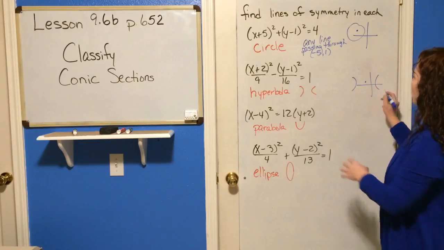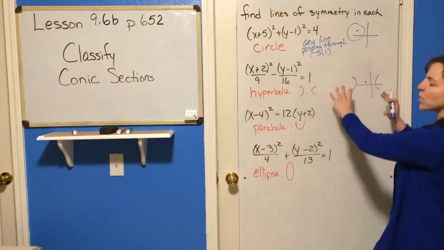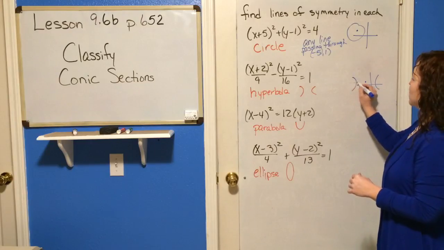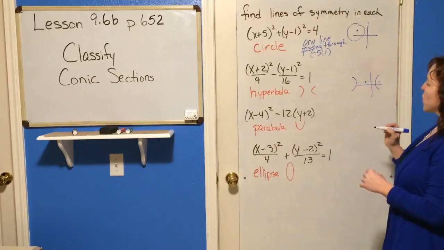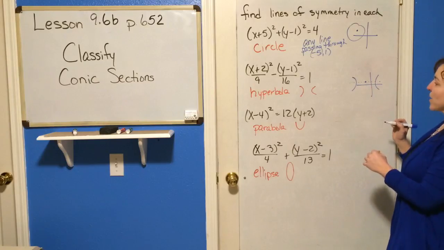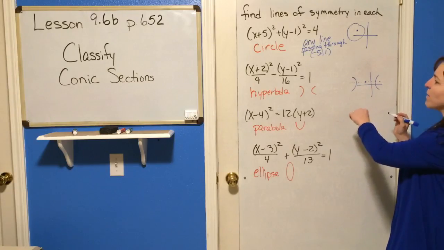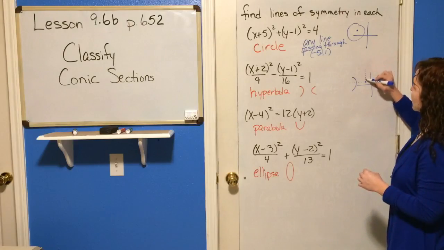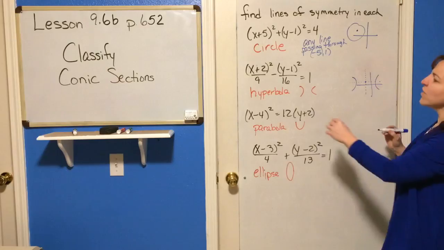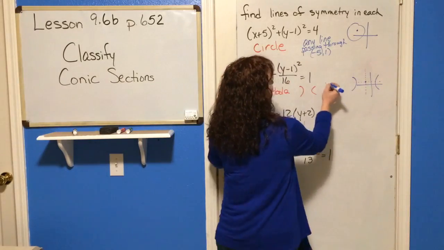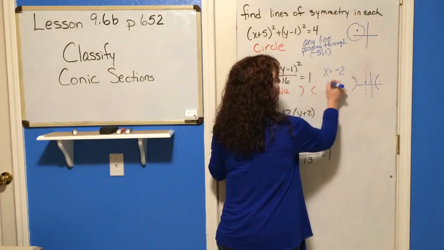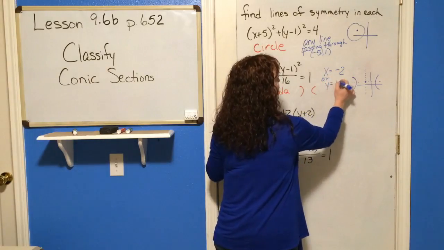No matter how wide or long those are, you can know that there's going to be a line of symmetry that runs straight through the hyperbola in that direction, or straight up and down like this. So either x is going to equal -2, or y is going to equal 1.